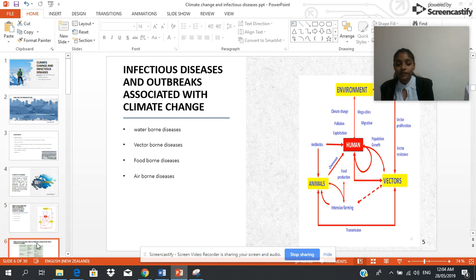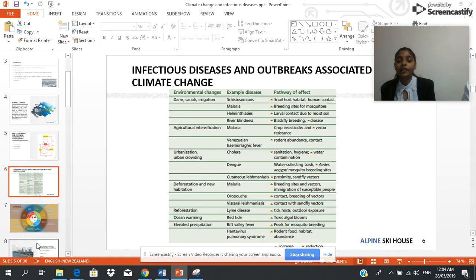In this table, we are talking about some environmental changes as well as example diseases. Our first environmental change is dams, canals, and irrigation. An increase in temperature can lead to floods, and floods directly affect water quality. Floods provide a good environment for vector transmission as well as reproduction.